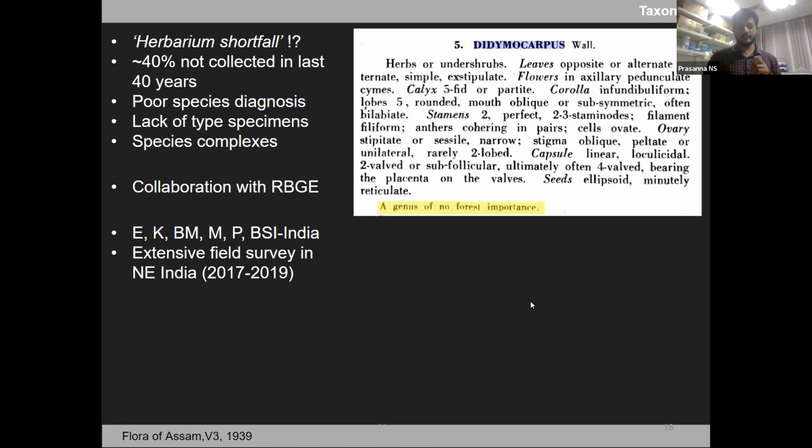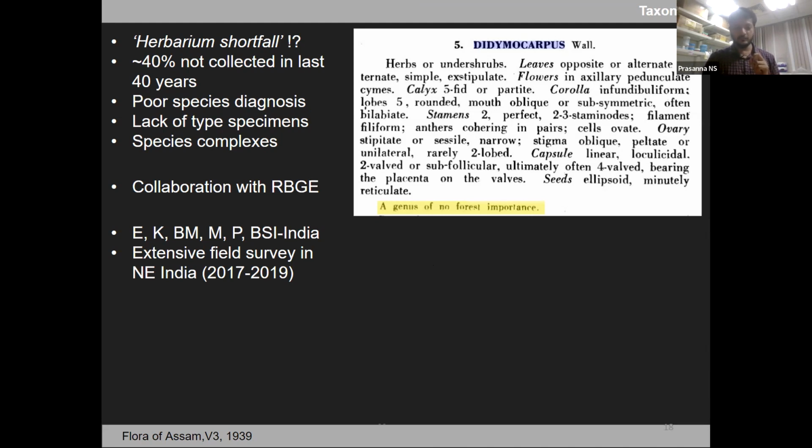Work of this kind requires us to look at as many specimens as possible to collect morphological data and tissue for molecular work. Species like Didymocarpus, which have no or very little known economic or aesthetic value, are poorly represented in most of the herbaria.